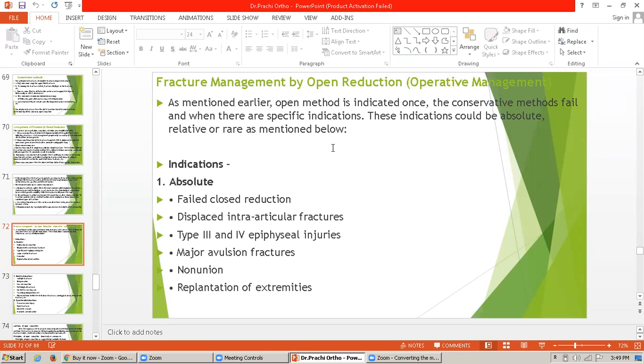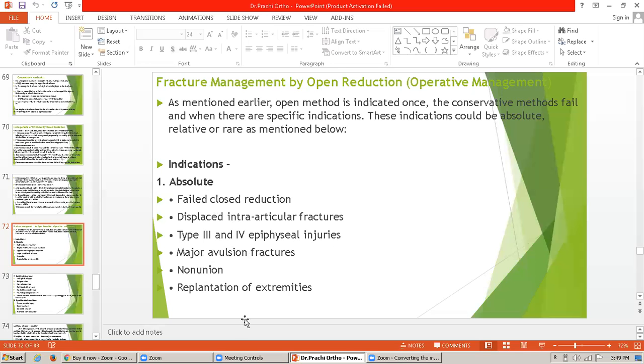The first one is absolute: when closed reduction has failed, then displaced intra-articular fractures, then type 3 and 4 epiphyseal injuries, major avulsion fractures, non-union and replantation of extremities.